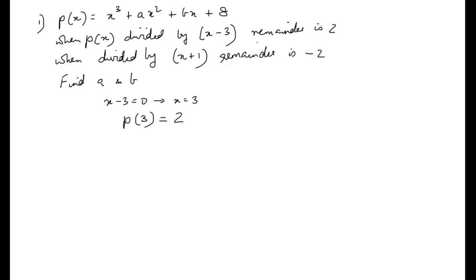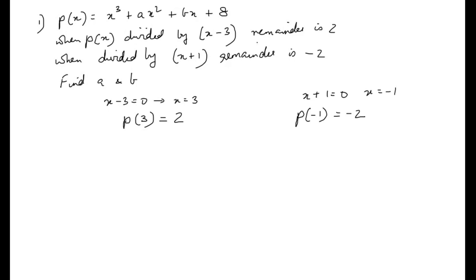So P of 3 is 2. Similarly, x plus 1 equal to 0 gives me x is equal to minus 1. If I input minus 1 into the P function, I get the remainder minus 2. So I'm going to write out these two equations, and I'll probably end up with simultaneous equations which I can then put into the calculator and figure out the value of A and B.